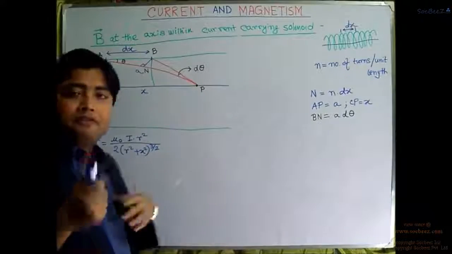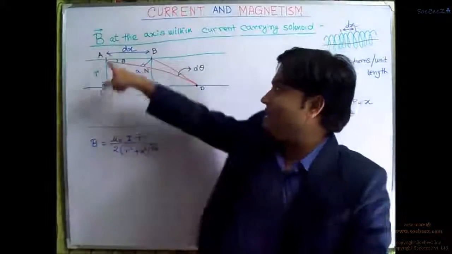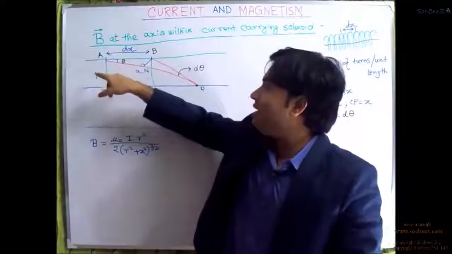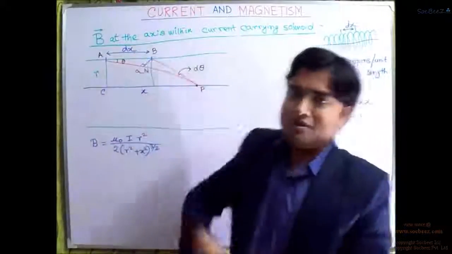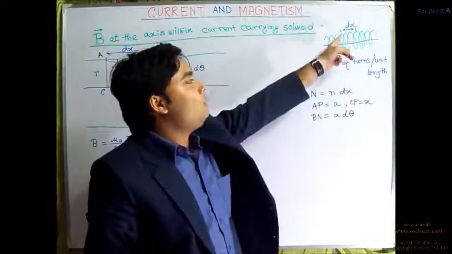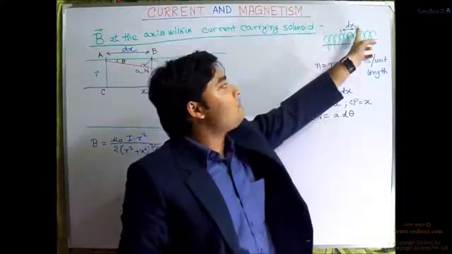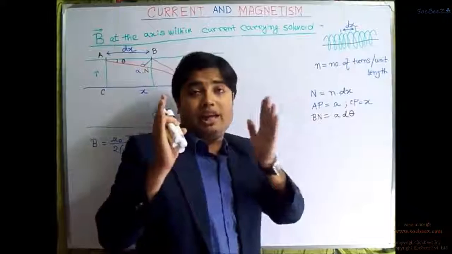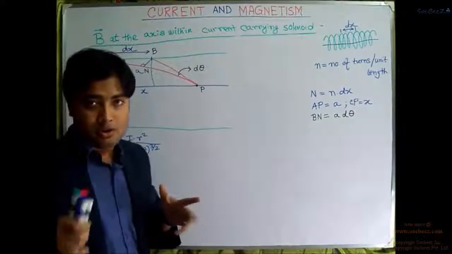Now, the main difference between the solenoid and the previous case is that there was only one turn, and now there would be many more turns like this. We had found it only for one turn, but within the range of dx there would be many more turns, right?